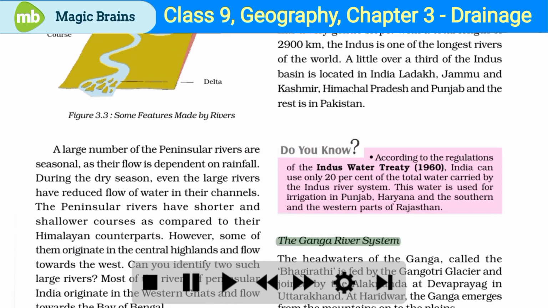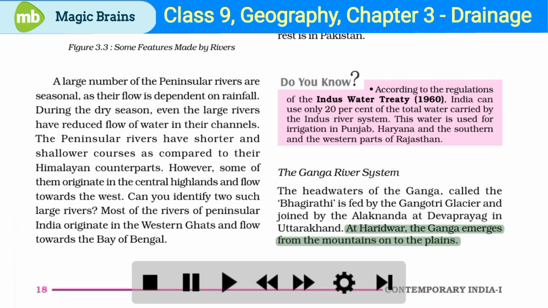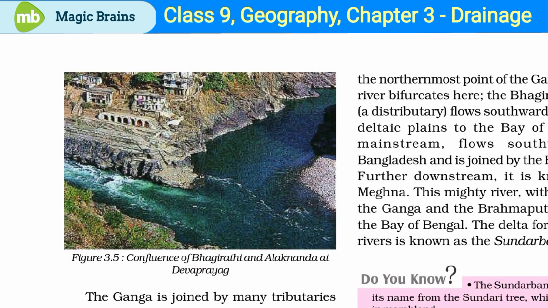The Ganga River system. The headwaters of the Ganga, called the Bhagirathi, is fed by the Gangotri Glacier and joined by the Alaknanda at Devprayag in Uttarakhand. At Haridwar, the Ganga emerges from the mountains onto the plains. Figure 3.5. Given here is a picture of the confluence of Bhagirathi and Alaknanda at Devprayag.